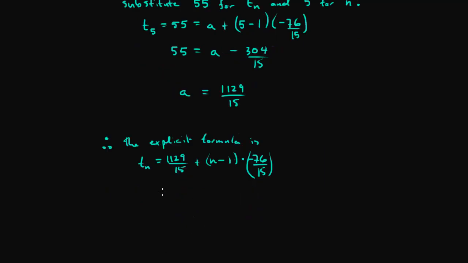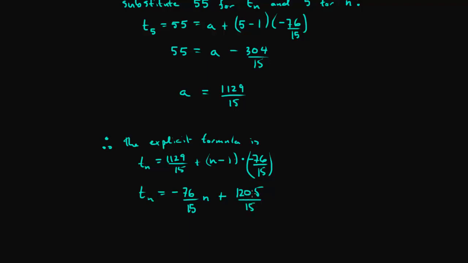We could write this as t sub n is equal to negative 76 over 15 n, plus 76 times negative 76 over 15 times negative 1, which is positive 76 over 15, plus 1,129. So 1,129 plus 76 gives us 1,205.